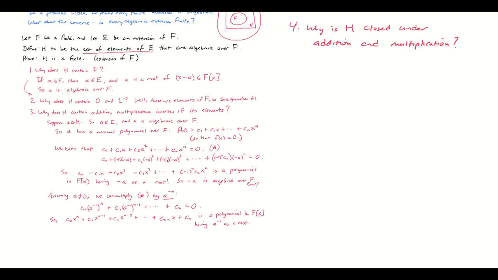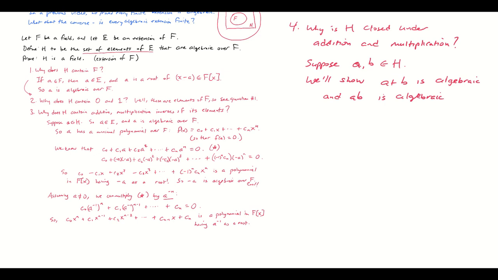and that's what we're going to do here. All right, so let's suppose a and b both belong to H. We will show a plus b is algebraic. So we're assuming that a and b are algebraic. We're going to prove that a plus b is algebraic, and a times b is algebraic.